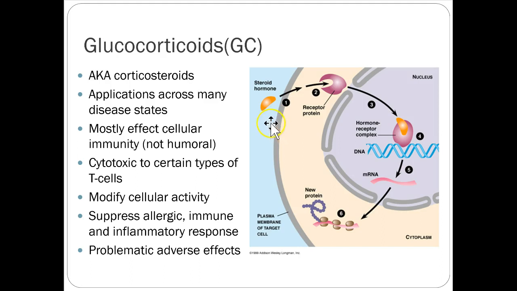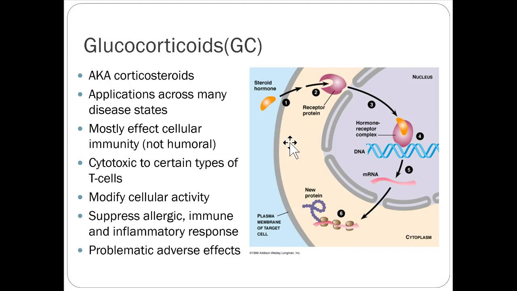So this drawing here is pretty simplified, but what you see is all T cells will have a receptor in them that's specifically designed to interact with corticosteroids. So if the steroid hormone comes across and interacts with it, it's going to create some sort of an effect downstream, which is going to produce a new protein, and that's going to signal that there's something going on. So it's either going to suppress the activity of that T cell or make that T cell non-functional in most cases by suppressing the immune system's response.